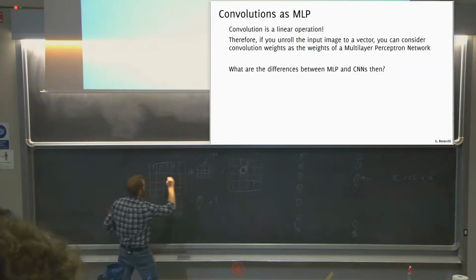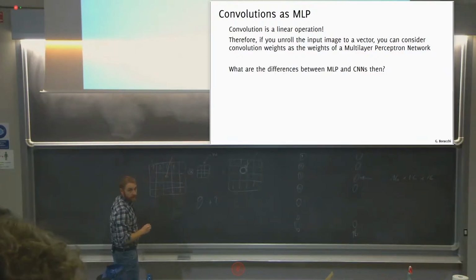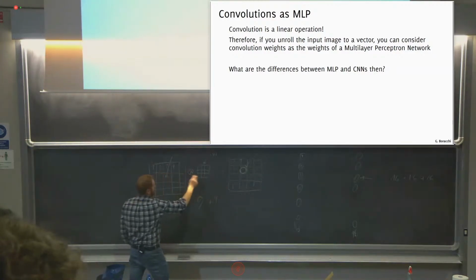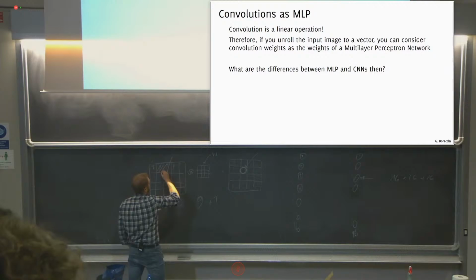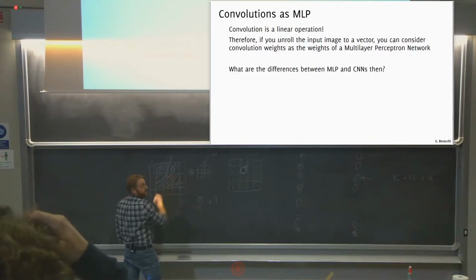So I'm placing the arrow here, okay? And now I'm drawing what are the pixels that are contributing to define that output. And if the filter is 3 by 3, there are only these guys contributing, correct?